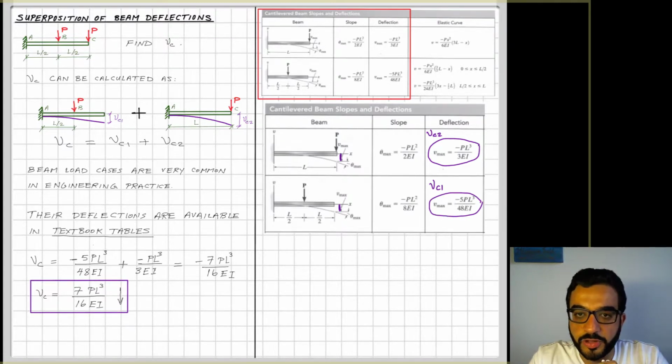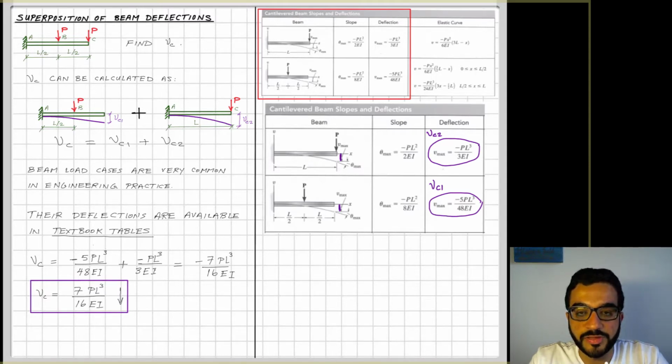Of course, one thing we have to remember here. Superposition has a very big requirement and prerequisite to apply it. First, that these loads will result in stresses that will not exceed the elastic limit of the material.